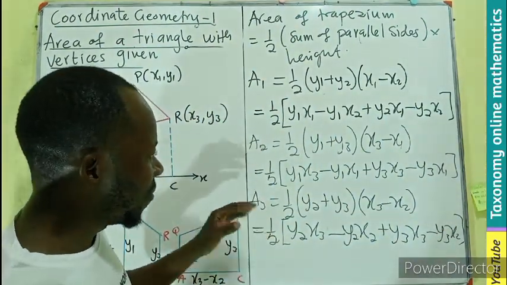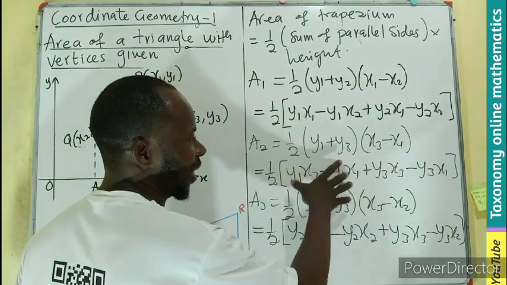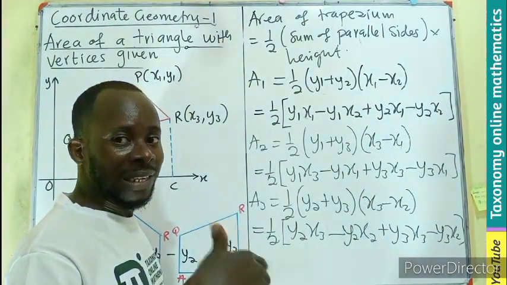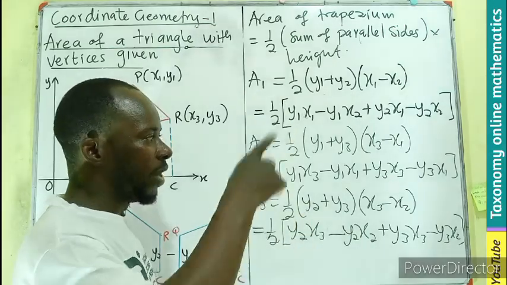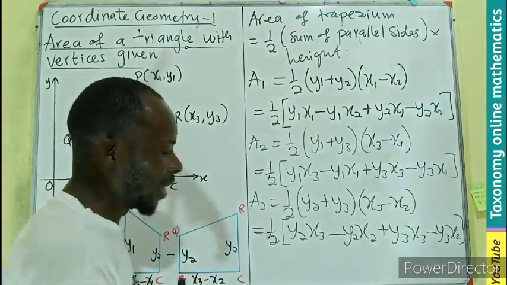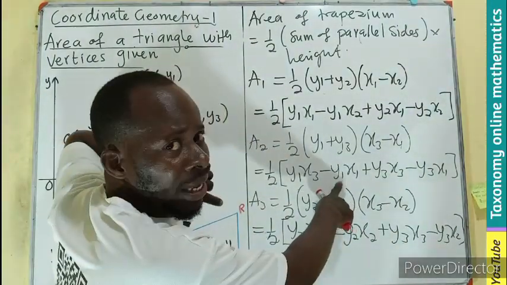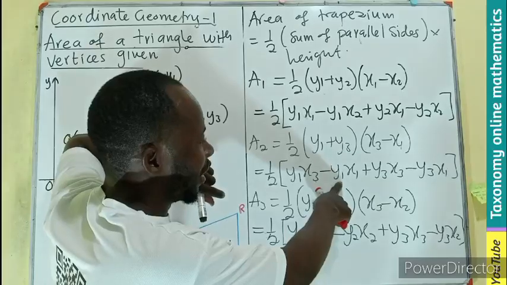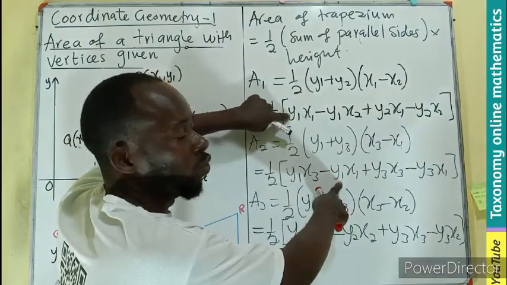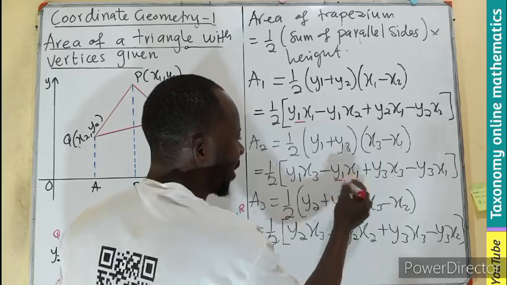Then if I am adding, I can also see the like terms, which we can easily cancel out if they have opposite signs. So let's look at it. I have here negative y1 x1, positive y1 x1. So this will cancel this.